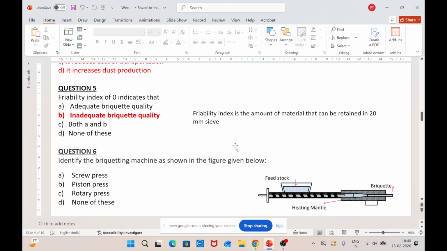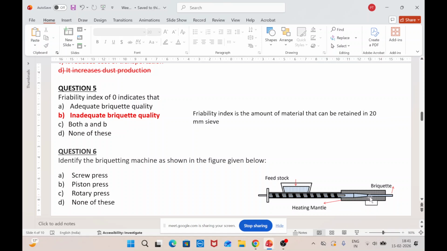So this is a screw press because you have the feedstock. This is what I call a hopper. You drop the feedstock, it enters inside this chamber. Here you have a screw, and upon rotation of the screw, the material goes to the other end. Here you have a heating mantle and a die.